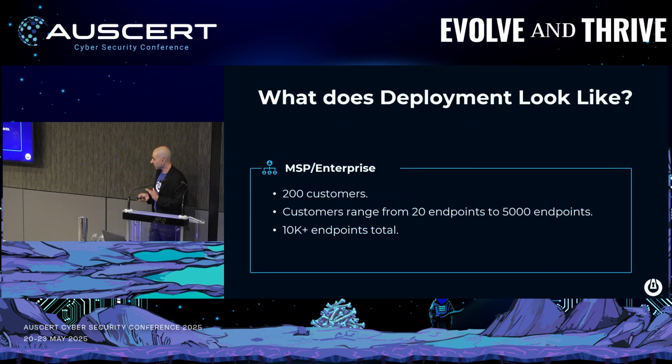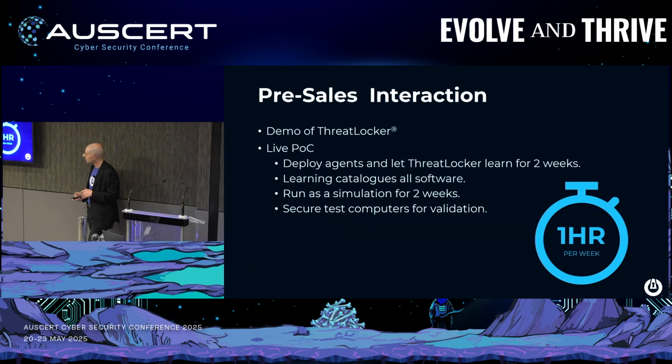Okay, so deployment. Throwing all this at you, and especially for those that are yet to venture into allow listing and some of the other security measures. Basically, if I was to take either a managed service provider or an enterprise customer with about 10,000 endpoints, roughly, it really doesn't matter, because you could be an MSP with a small amount of customers, or you could be an enterprise with a large amount of customers.